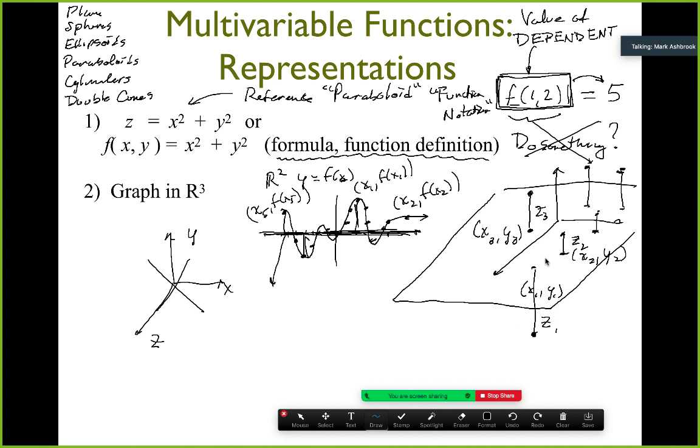And so if you take all the ordered pairs in the region of the horizontal plane and get all the ordered triples from their corresponding heights, what kind of graph is formed by that? Imagine getting heights and ordered triples at every coordinate pair xy in the horizontal plane. And what are we going to get? A surface. Yeah, it's going to be a surface, right?